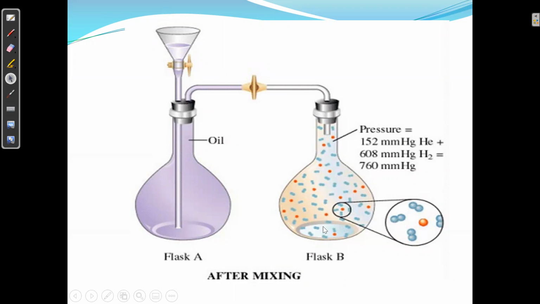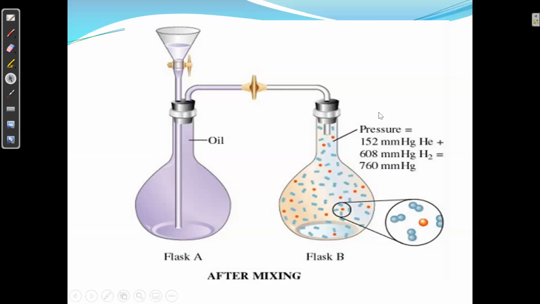The pressure exerted in this flask will be the pressure of both gases, not only one. If a gas is in pure form, the pressure is exerted by that gas only. But if there is a mixture of two or more gases, the total pressure exerted will be the sum of the pressures of both gases.